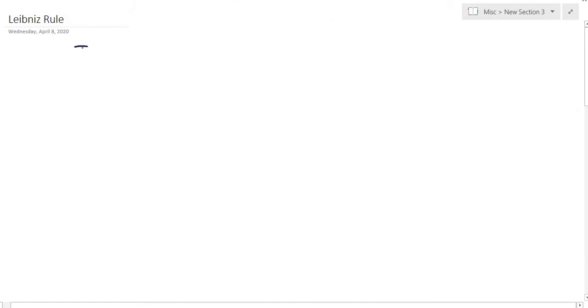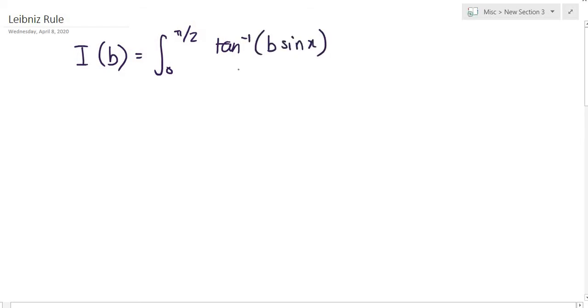So as I said, we have a generalized problem, say I of b, which is defined as the integral from 0 to pi over 2 of the inverse tangent of b times sine of x divided by sine of x, integrated with respect to x, of course. Now we first need to differentiate both sides with respect to b.